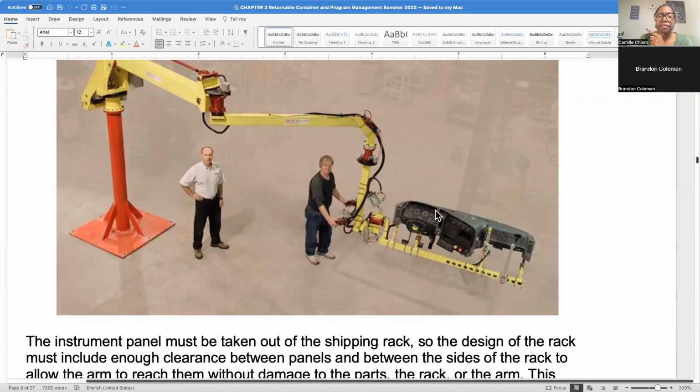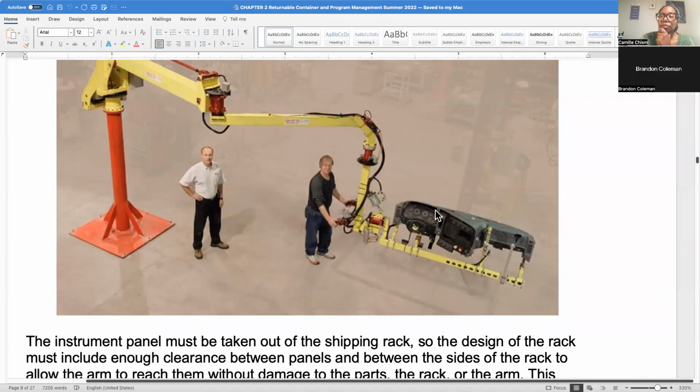So where something like this might use a lift assist at the OEM, it's important to understand that the tier 1, is that going to be handled with the lift assist as well? Or will they have 2 or 3 people lifting that and putting it in? Which is going to be more common if something like this part is coming from overseas.